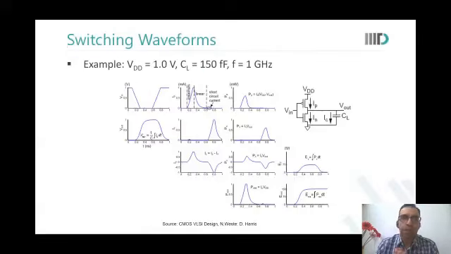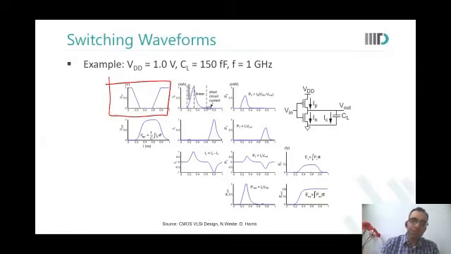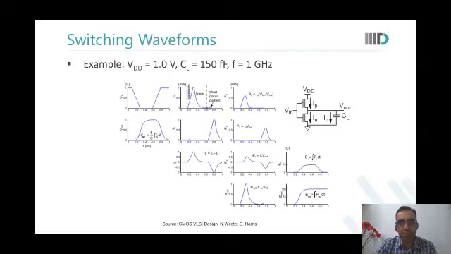If you look at the waveforms, suppose you gave this kind of an input. You've all done these inverter simulations, so go back and look at your waveforms there. If this is the kind of input, you will see that the output is not exactly that sharp.